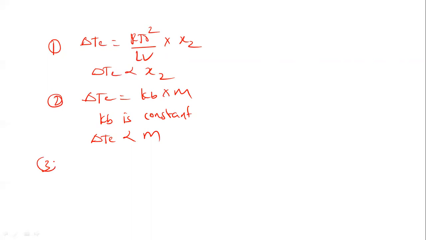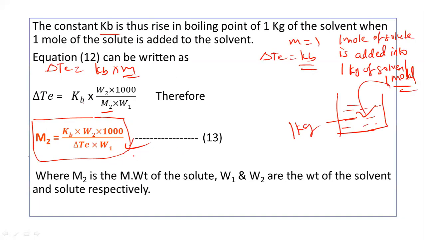And the third equation we get here is M2 equal to 1000 into W2 divided by delta Tb into W1, multiplied by Kb, the molar elevation constant.